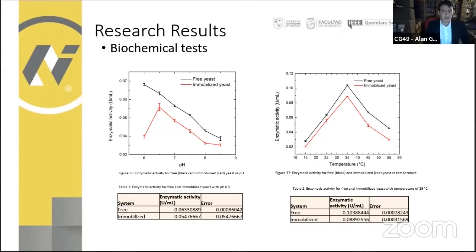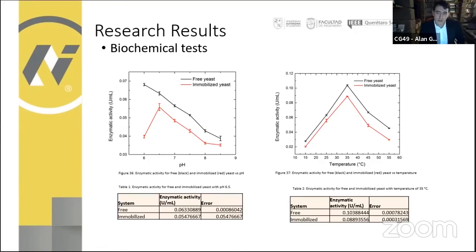And we can see a very interesting result, which is that there is a shift in this optimal pH to 6.5 when it's immobilized. So this means that our system somehow changes the optimal pH and makes it closer to a neutral pH, which is present in most solutions.